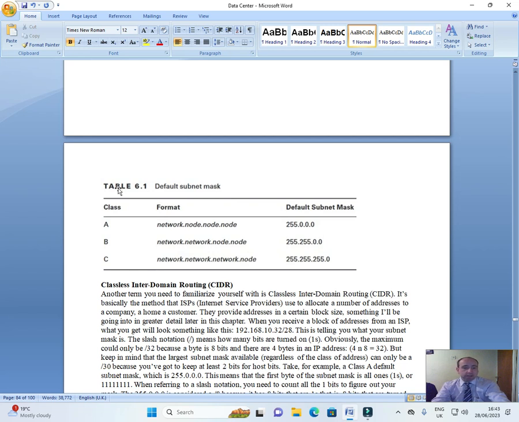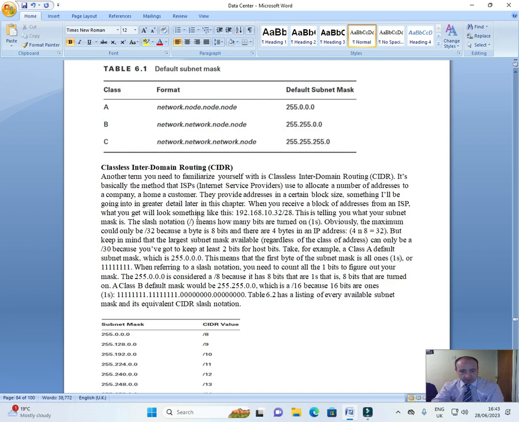So here you can see in Table 6.1 the default subnet masks. For a Class A it's 255.0.0.0. For Class B it's 255.255.0.0. For a Class C it's 255.255.255.0. Classless interdomain routing.